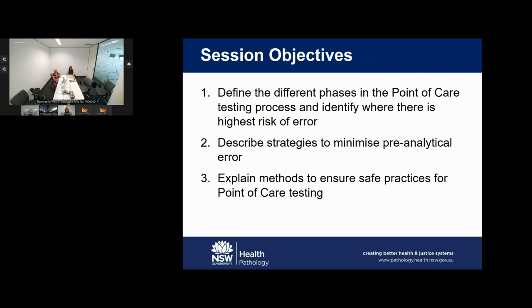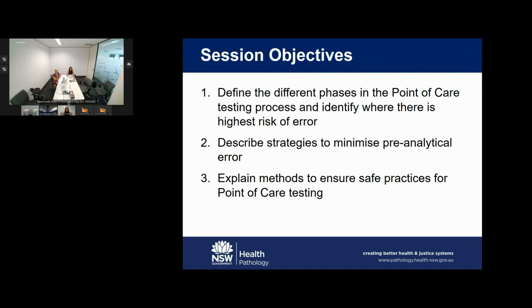Thank you, everybody, for dialing in. My role with New South Wales Health Pathology currently is pre and post analytical clinical stream lead, a statewide role where we are making improvements in that space of pre and post, which is such a huge part of pathology.